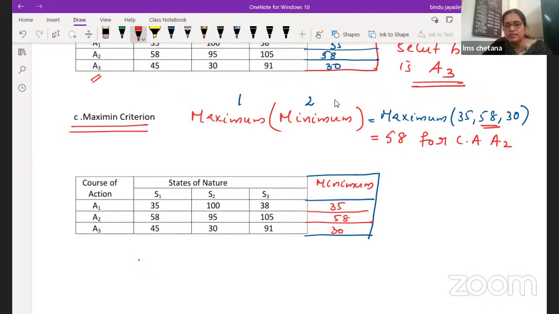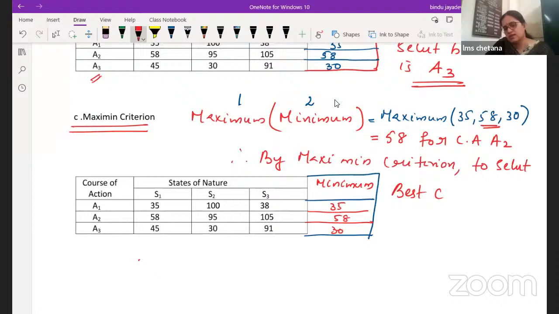Then the last sentence, therefore, by Maximin criterion to select best course of action is A2, underline. Again 3 marks. Yes. A division, the answer is coming fast.